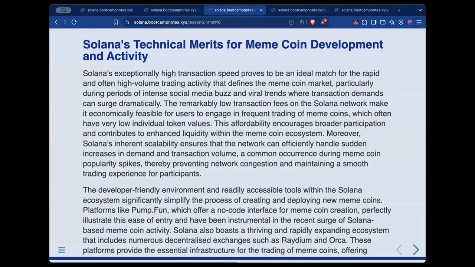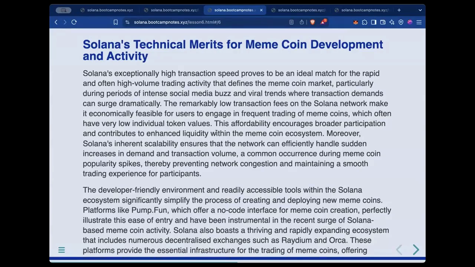With meme coins, it's very much about getting things done very quickly and taking advantage of the latest trend, or taking advantage of a price movement, etc. And for that, you do need a platform like Solana to enable you to get that scalability.